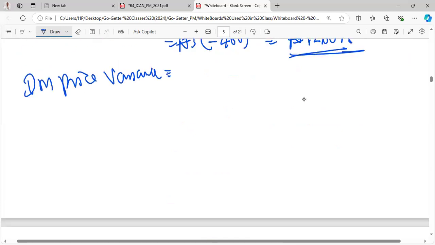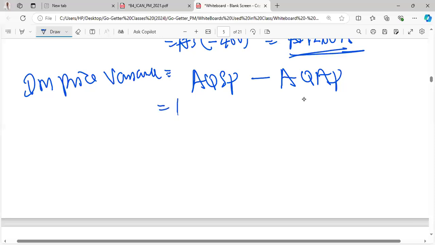So this is actual quantity, standard price minus actual quantity, actual price. That's what we took from there. And what is common here is actual quantity. Actual quantity is common. It is the standard price, and it is the actual price.